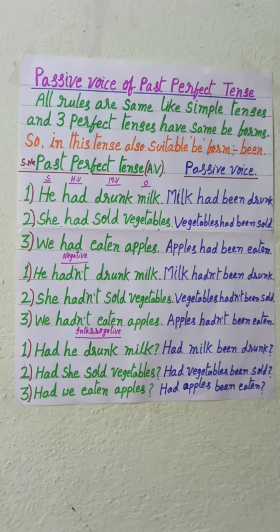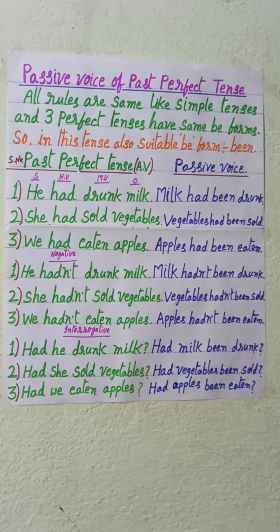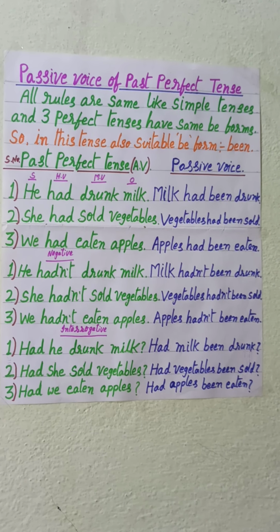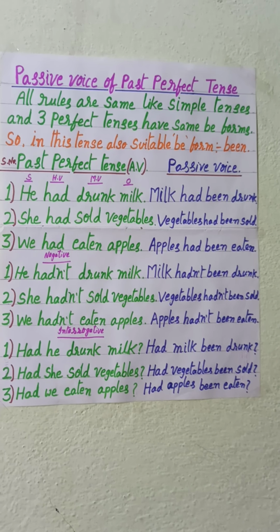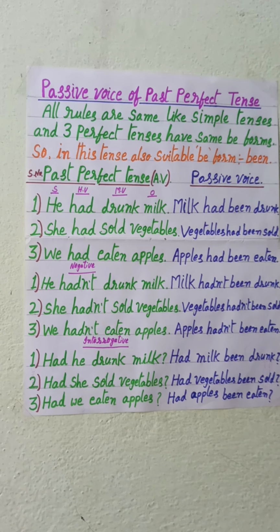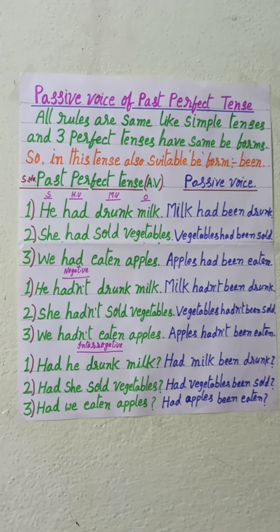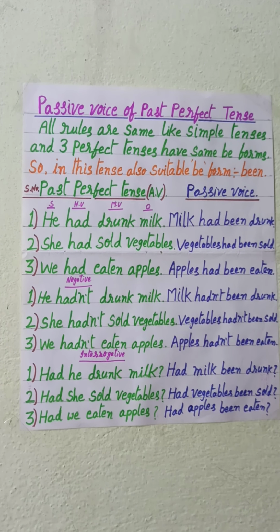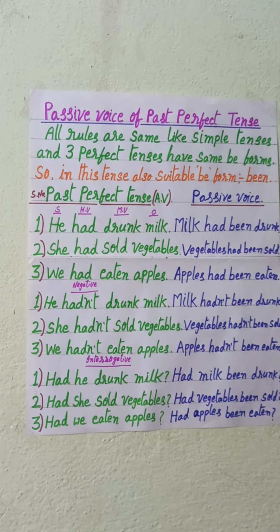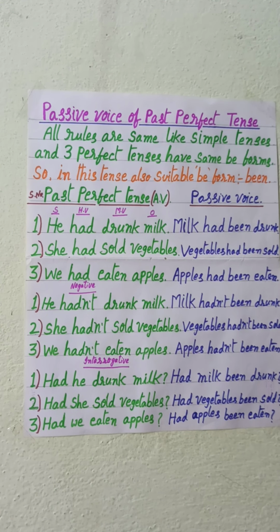So in this tense also suitable V form been. In the last class we learned about passive voice of present perfect tense and we used their V form been.